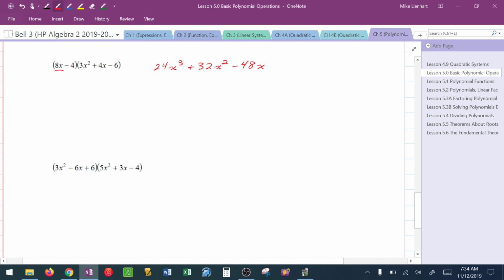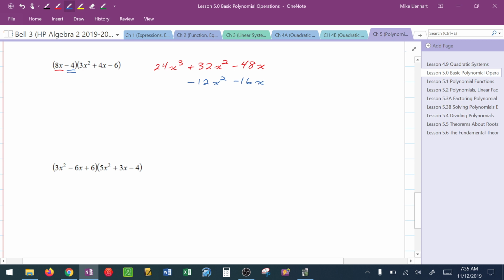Now I go to distribute the second term, but watch how I like to do mine a little bit differently. You have an option where you can continue writing it out to the right, or you can stack them. So when I distribute the negative 4, I get negative 12x squared. I already have an x squared column, so I'm going to write negative 12x squared right underneath that. I have negative 4 times 4x, that's negative 16x. Again, lining it up.